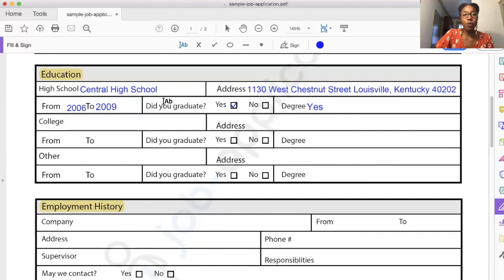But for high school, we will say Central High School, the name, the address, 1130 West Chestnut Street, Louisville, Kentucky, 40202. From or starting 2006 to or ending 2009. Did she graduate? Yes. Degree? Yes.